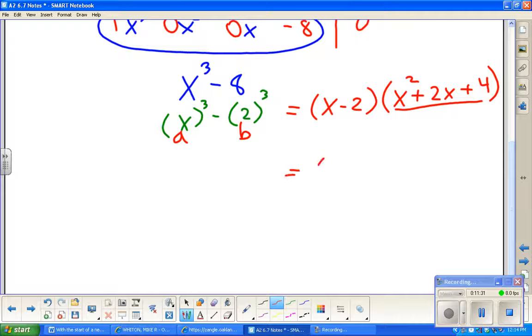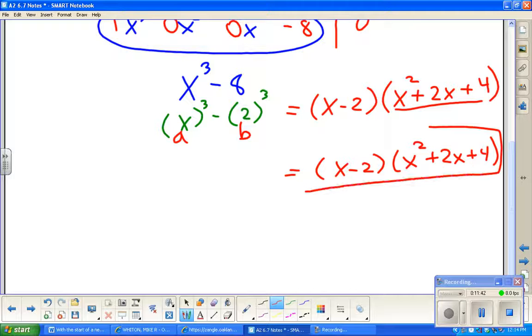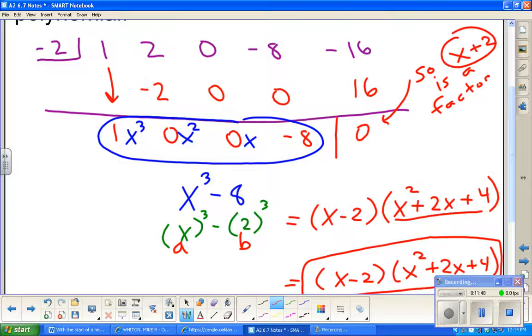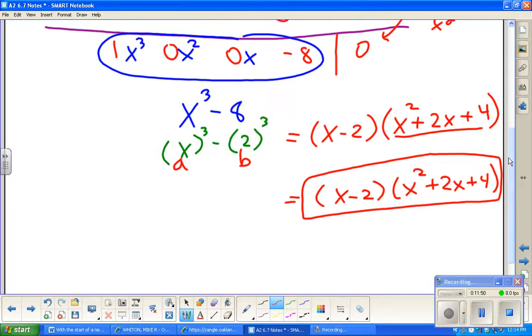That's the other two factors. X minus 2 is one of them, and x squared plus 2x plus 4, those are the other factors. So when it says find all the other ones, there they are. So it was the original x plus 2 that we knew from the very first step, and then these other two.